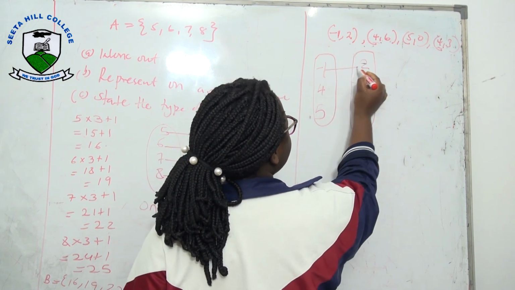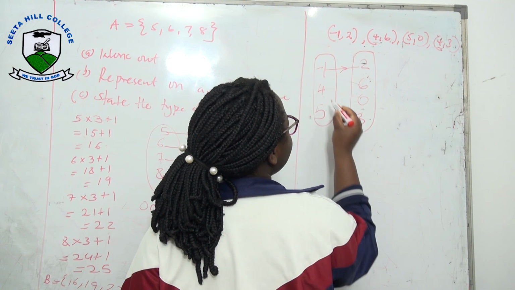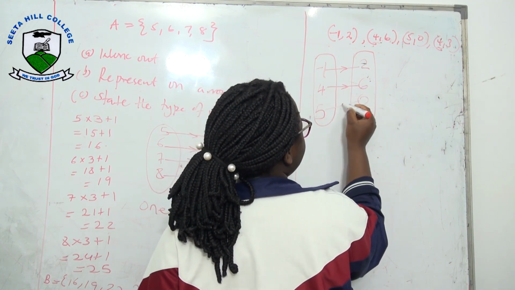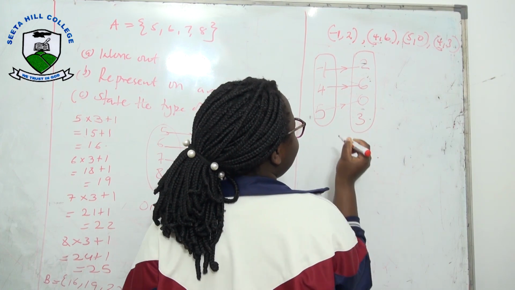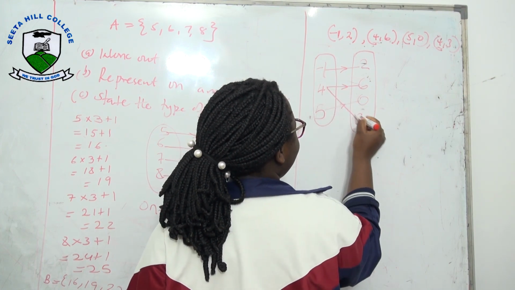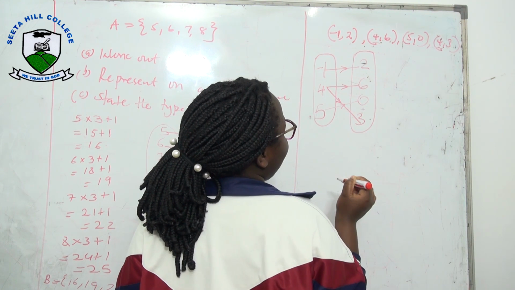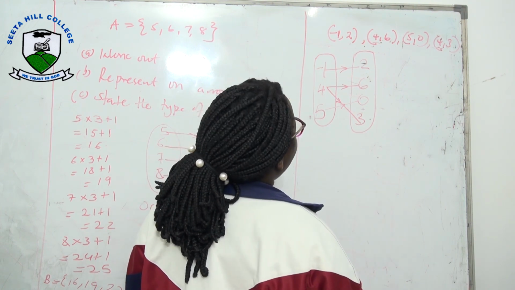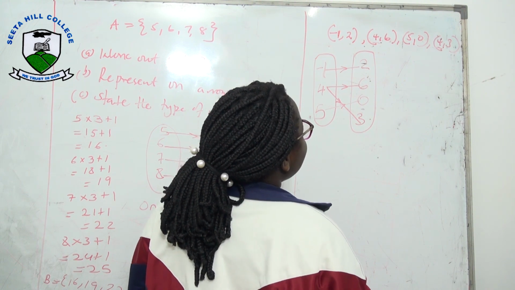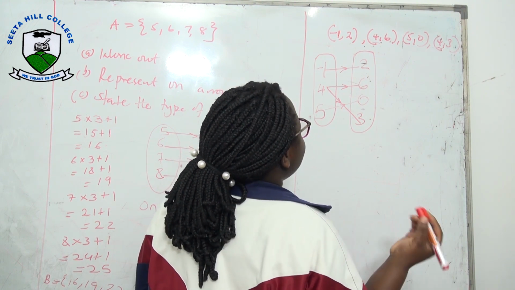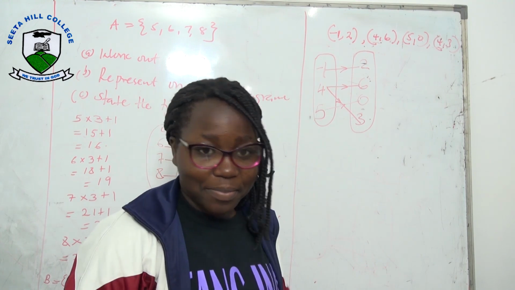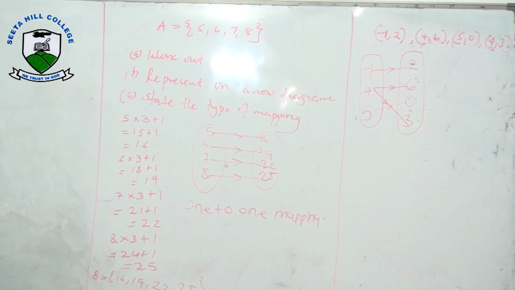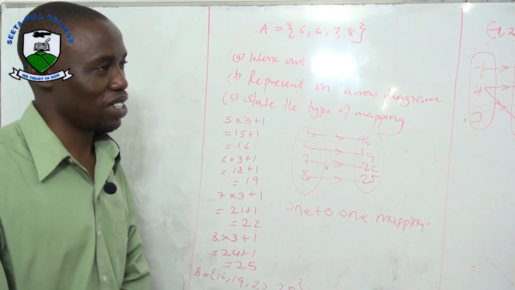So the -1 corresponds to 2, the 4 to 6, then 5 with 0, then 4 again with 3. And then the type of mapping, this is many, no, one to many. Thank you, very fantastic. One to many.